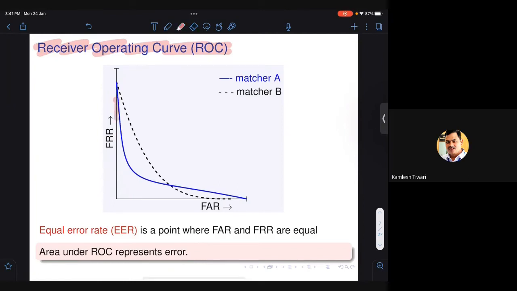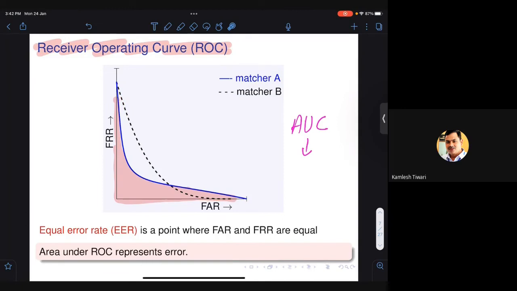You know that false acceptance and false rejection are both bad things to happen. Therefore, the area beside this represents how much error I have. Sometimes this also has a technical name, area under curve, AUC, and we want this value to be lesser. Let's assume I have a matcher A for which this is the curve, and another matcher B for which this is the curve.